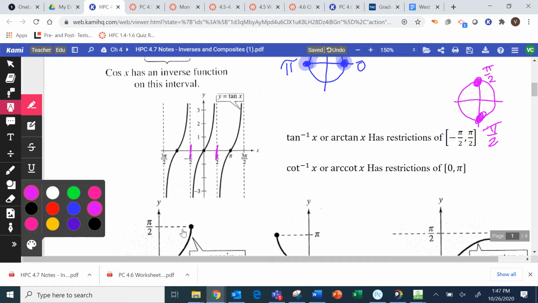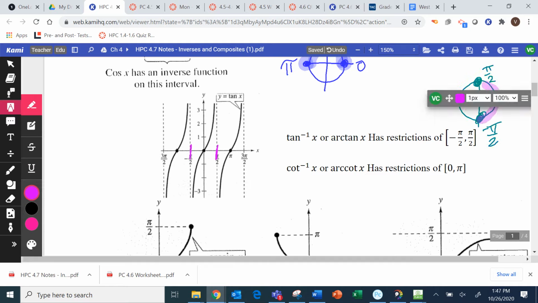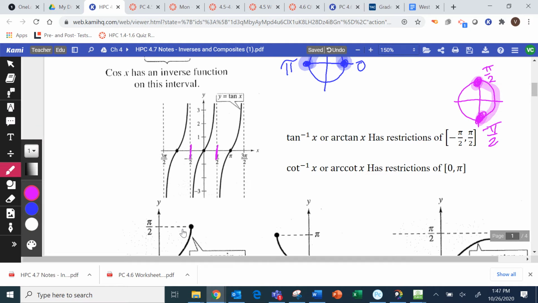And that was exactly what we were graphing for the key points for tangent anyway. Those were the same key points that we graphed for tangent when we did it. That's like one full cycle for tangent.